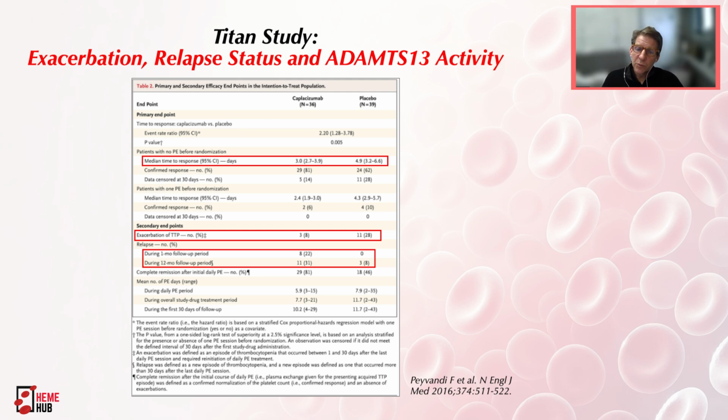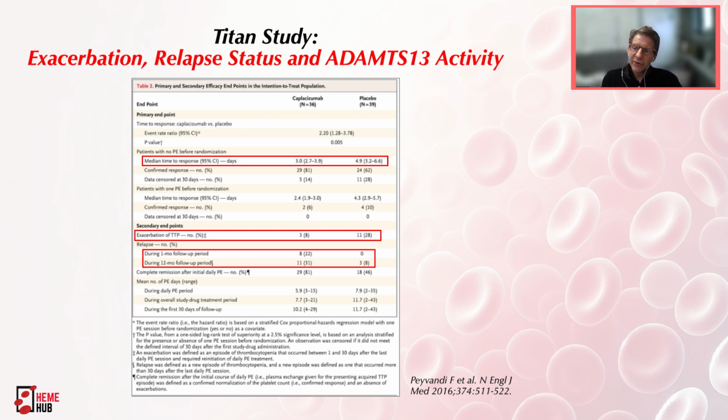So you've got a marked reduction in these exacerbations. And if you think about it, it makes sense. Several hours after the first dose is given, you're blocking the downstream effects of the disease. So you may not have recovered your ADAMTS13 activity, but you can't form the microthrombotic disease that leads to the development of an exacerbation.